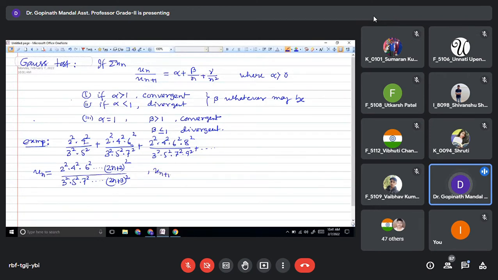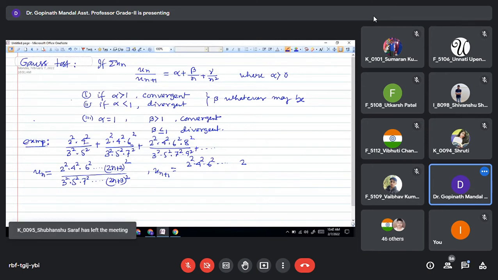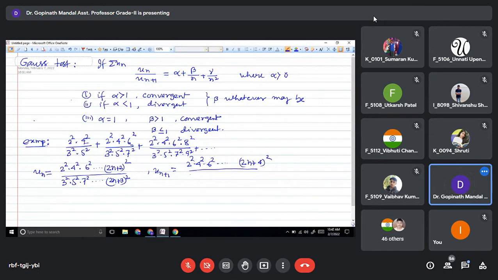And un plus 1, just put n plus 1 in the place of n: 4 square, 6 square, up to 2n plus 4 by 3 square, 5 square, 7 square, up to 2n plus 5 square. Now un by un plus 1.